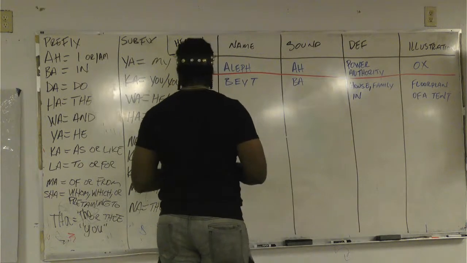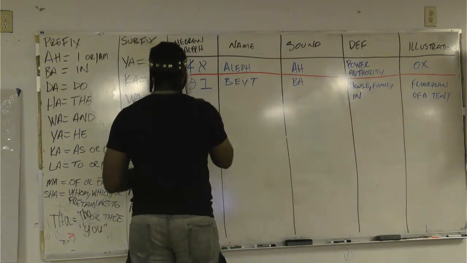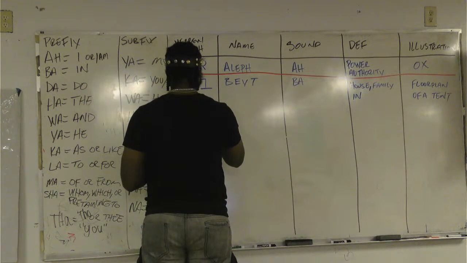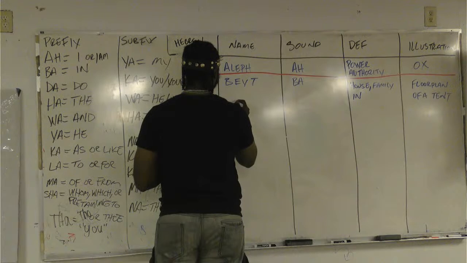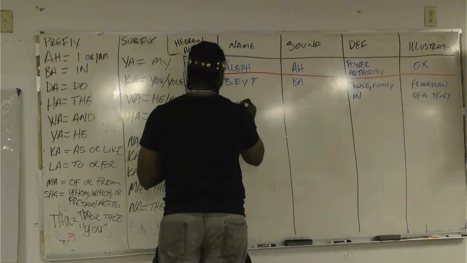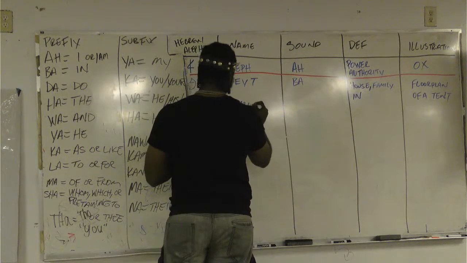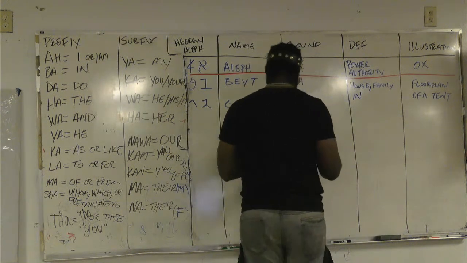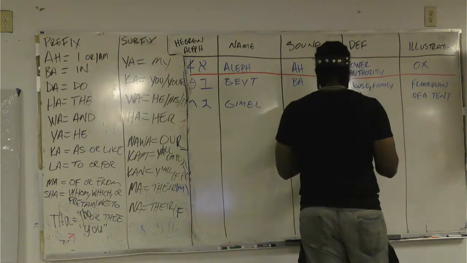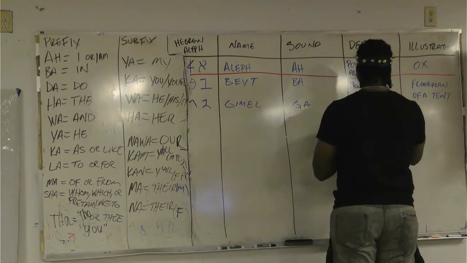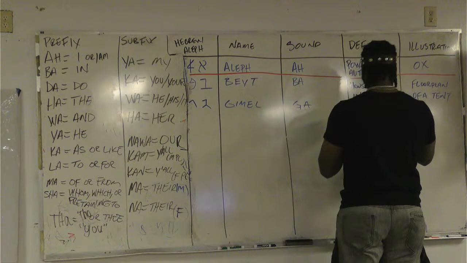We have the Ga, which is Gimel is the name. The definition for it is to gather or walk.